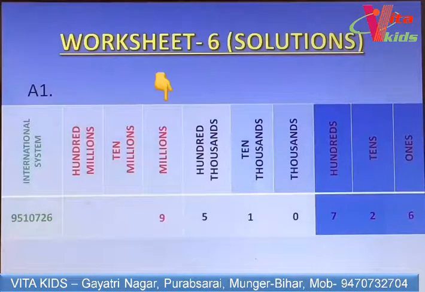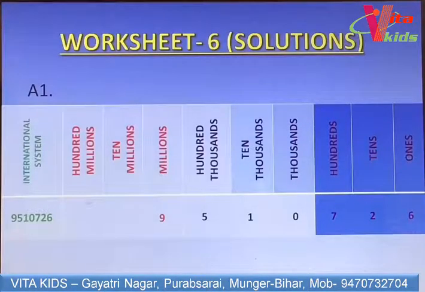Here under millions period we have only 9. So it is going to be 9 million. Under thousands period we have 510. So it is going to be 510,000. And under units period we have 726. So it is going to be 726.